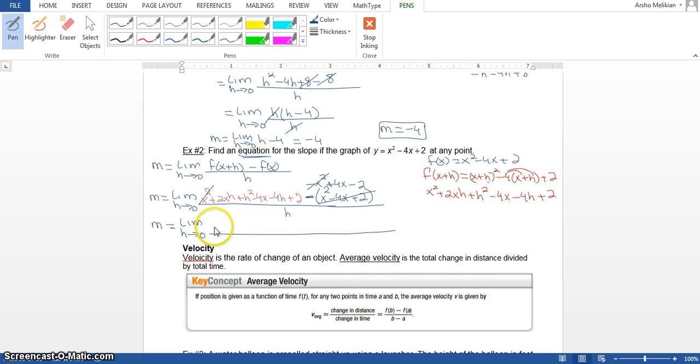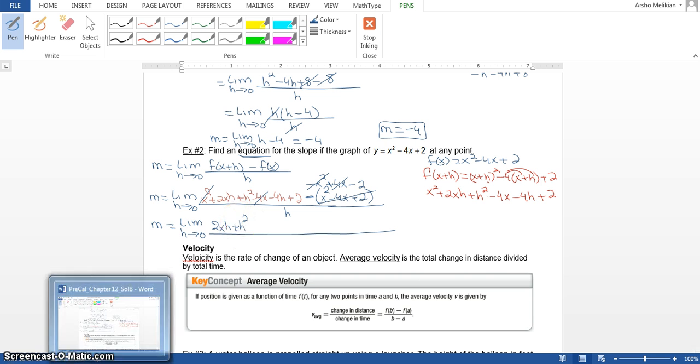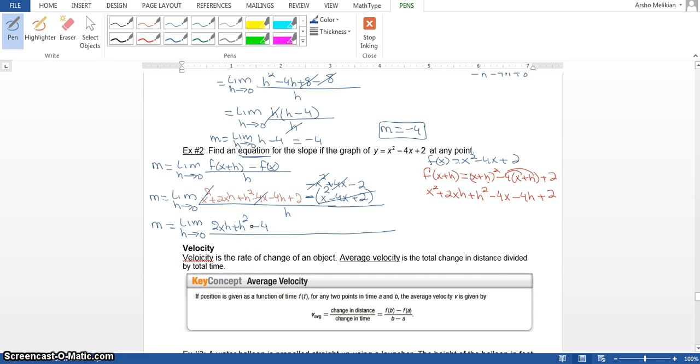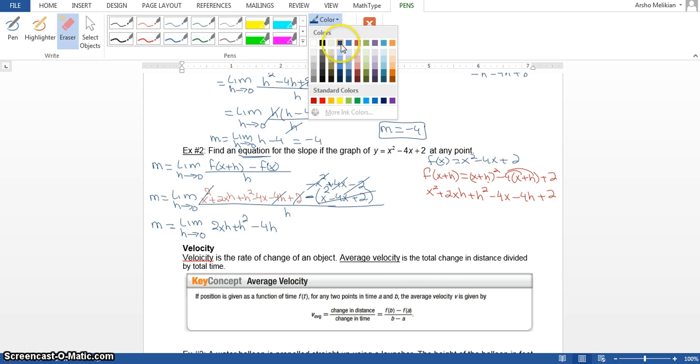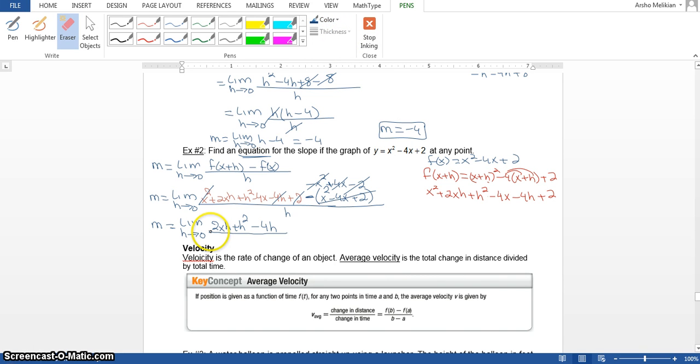I have 2xh plus h squared minus 4x plus 4x goes away, minus 4h. Oh, that didn't go, but the 2's will go away. So that's what we have left. All right, so do you see how it gets cleaned up on its own? And all this is over h.